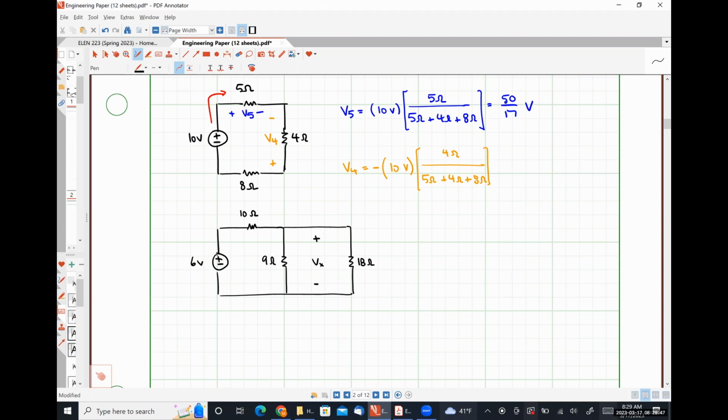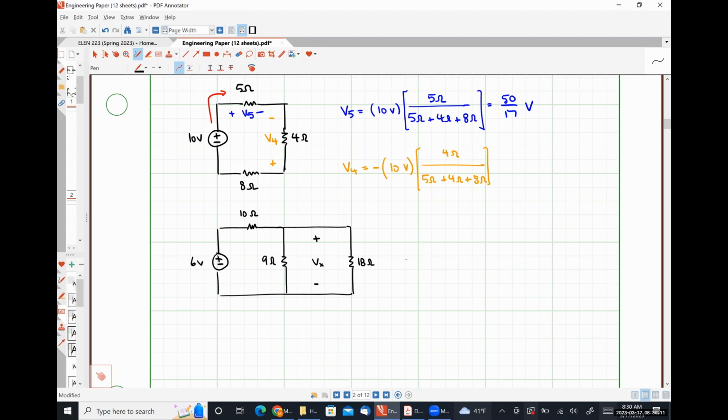So we no longer have a simple series combination of resistances connected to our voltage source, but we can still apply voltage division by treating the 9 ohm resistor in parallel with the 18 ohm resistor as a single equivalent resistance. And because they are in parallel, they have the same voltage drop over them.